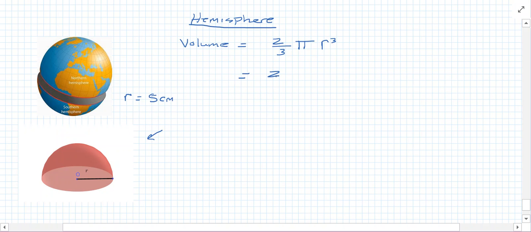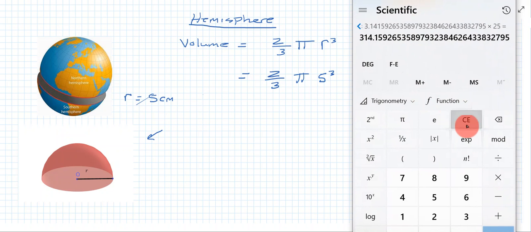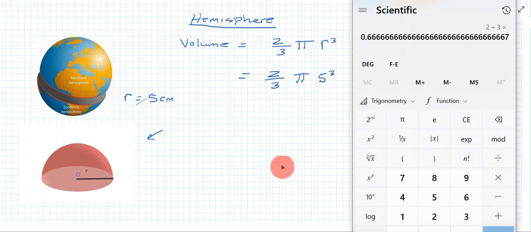equal to 2/3 times pi times r cubed, which in this case is 5 cubed. So what will this be equal to? 2 divided by 3 is equal to 0.66.